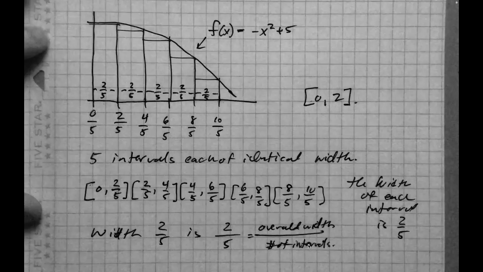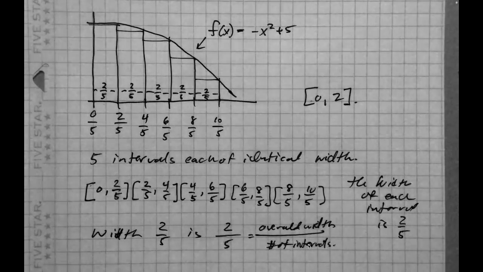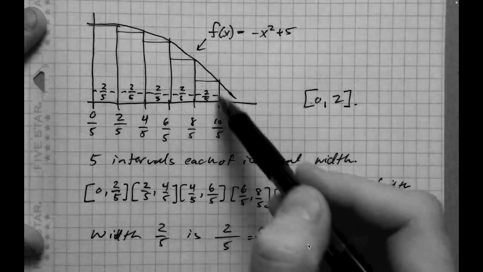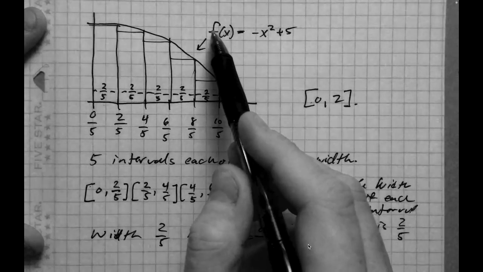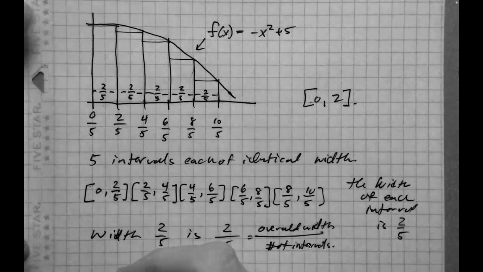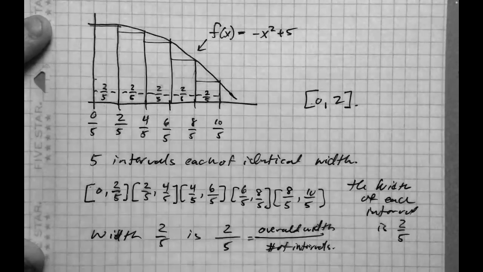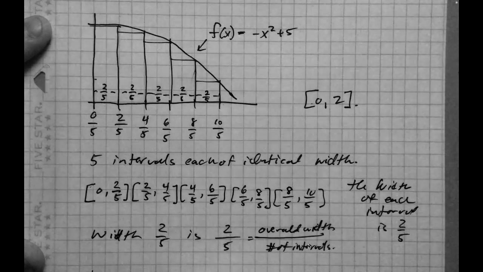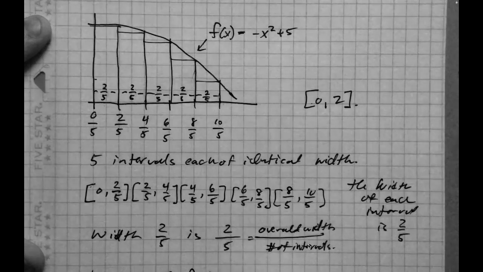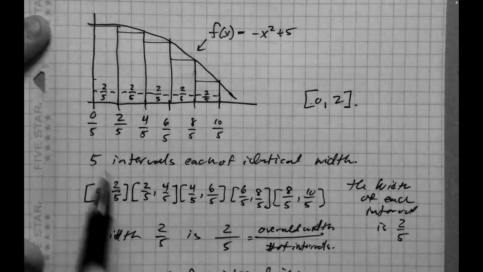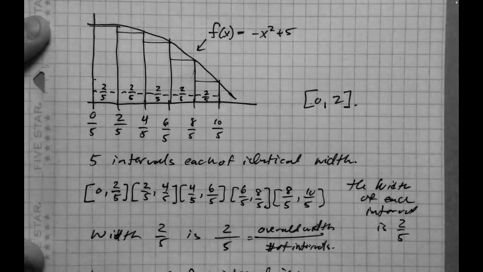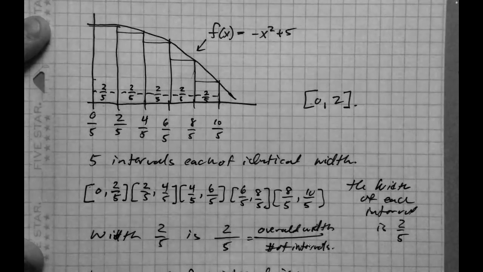That's the actual function. So what's the height of this thing? Well, the height can be identified by evaluating one of the endpoints, either the left-hand or the right-hand side, inside the function. So, for example, the height of the first interval is, well, if you use the right-hand side, you would get f of 2/5.